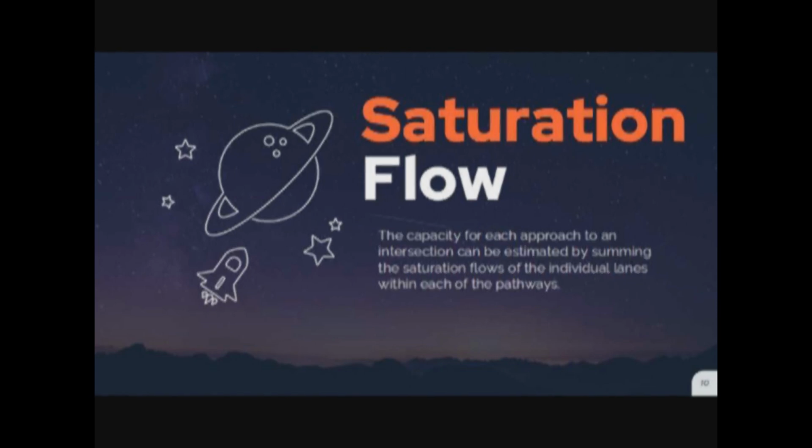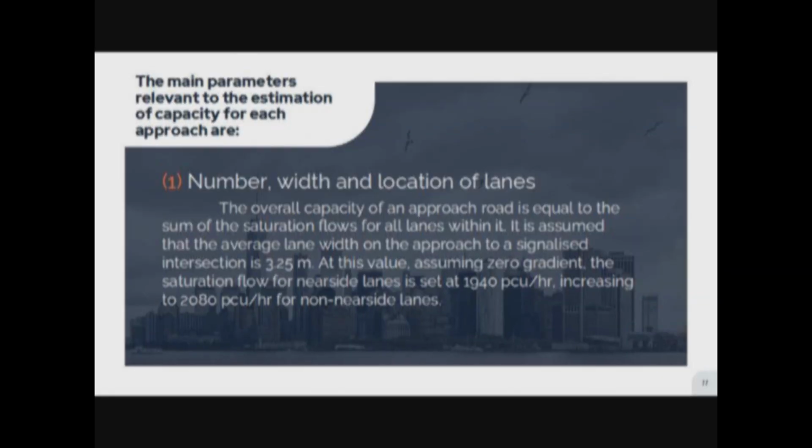So now we have saturation flow. The capacity for each approach to an intersection can be estimated by summing the saturation flows of the individual lanes within each of the pathways. The main parameters relevant to the estimation of capacity for each approach are number, width, and location of lanes. The overall capacity of an approach road is equal to the sum of the saturation flows for all lanes within it.